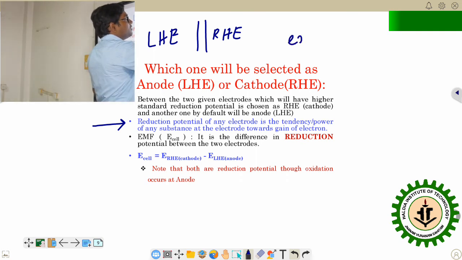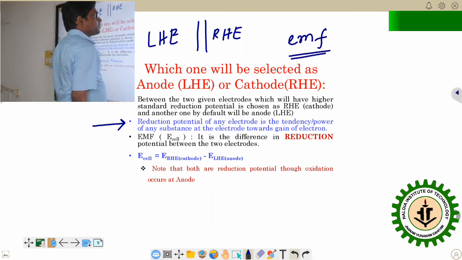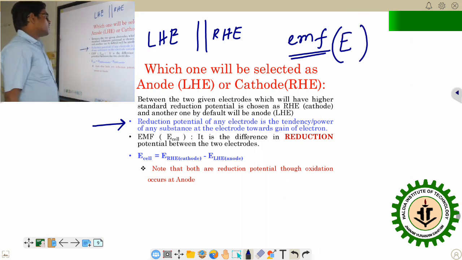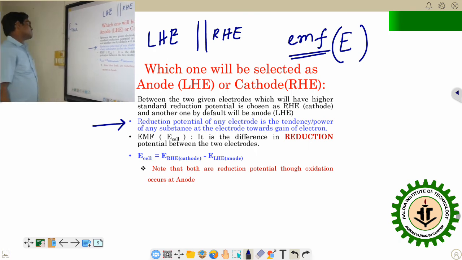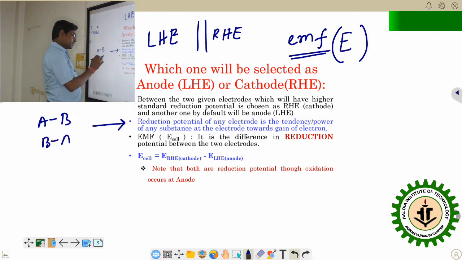For a given cell, we define another very important term, the EMF, normally denoted as capital E. For a cell, E cell is nothing but the difference in reduction potential. Now, difference means A minus B is the difference, B minus A also is the difference.